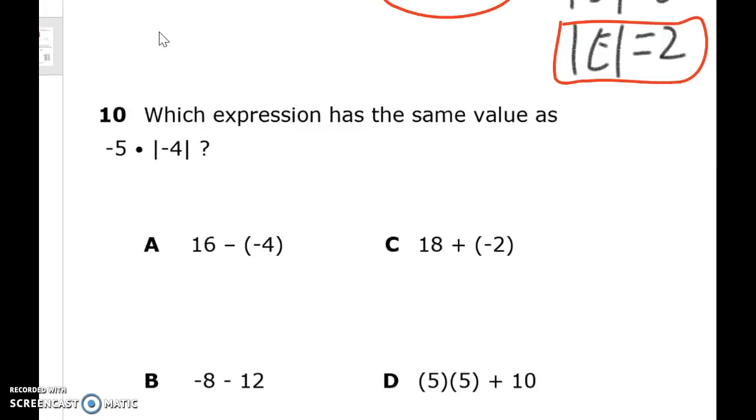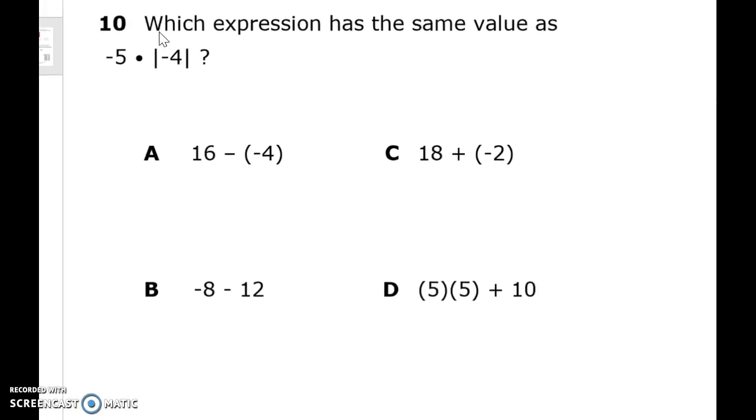Question 10 is quite long. Let's look at this. This is one question with 5 sub-questions. First, we need to find out the value of -5 times the absolute value of -4 so that we can compare this value to the answers from A, B, C, and D. Let's go from here.